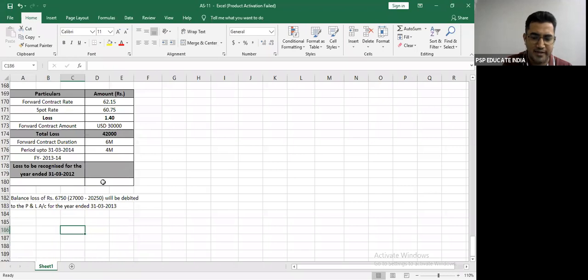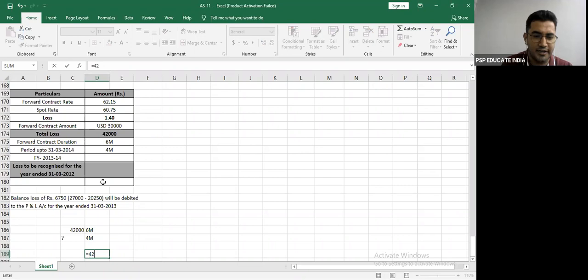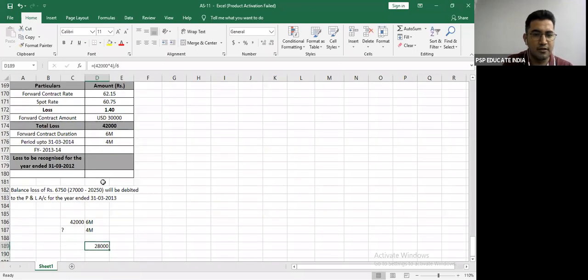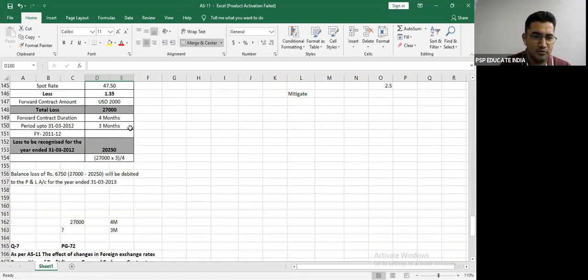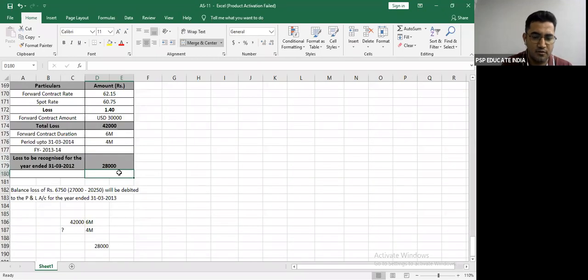You will think in this way that 42,000 loss is for 6 months, so how much for 4 months? You have 42,000 into 4 divide by 6. You get 28,000.